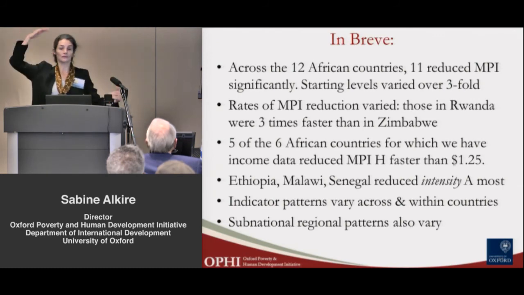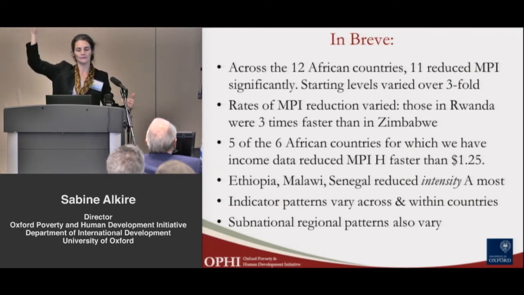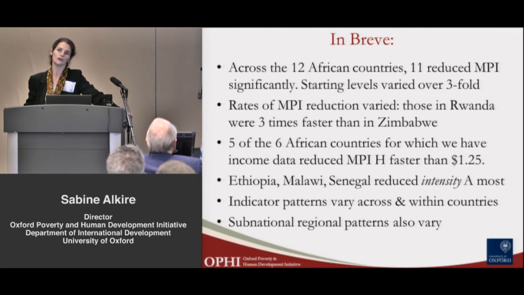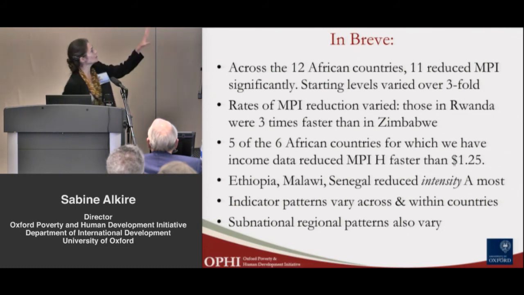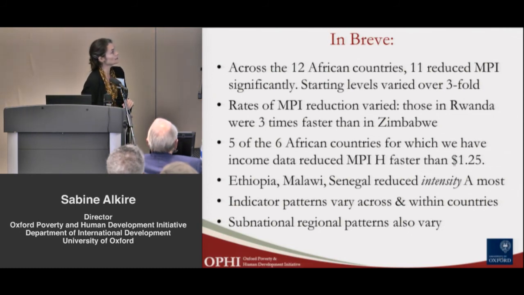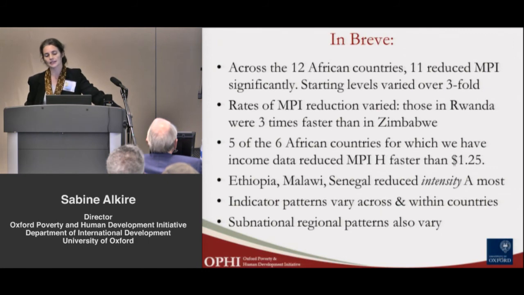The starting levels, or the reduction levels, varied a lot, and the starting levels of poverty varied over threefold, with the lowest Ghana 0.144 and the highest Ethiopia 0.56.